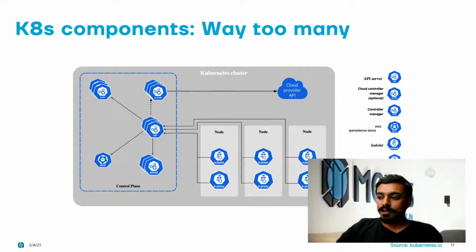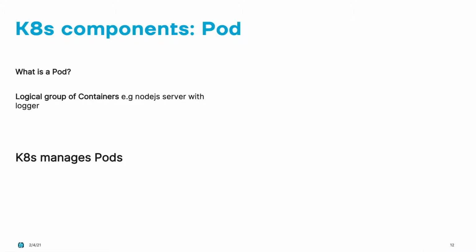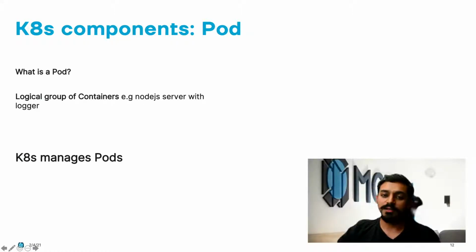I won't be going into Kubernetes components because there are way too many components. I would just touch very basic components. In this one, I think we will only touch pods. A pod is the basic unit of Kubernetes. Kubernetes does not directly manage containers, but it manages pods. And what is a pod? A pod can be a logical group of containers.